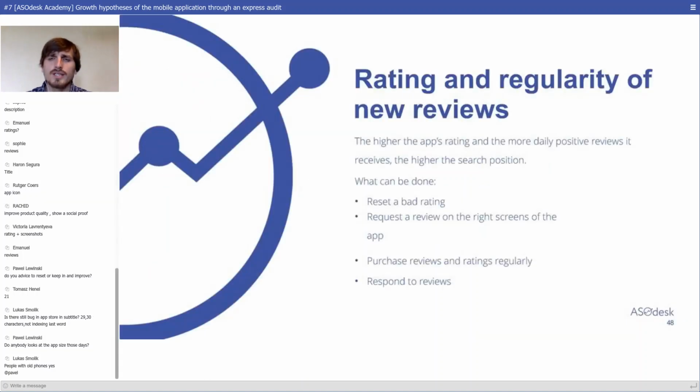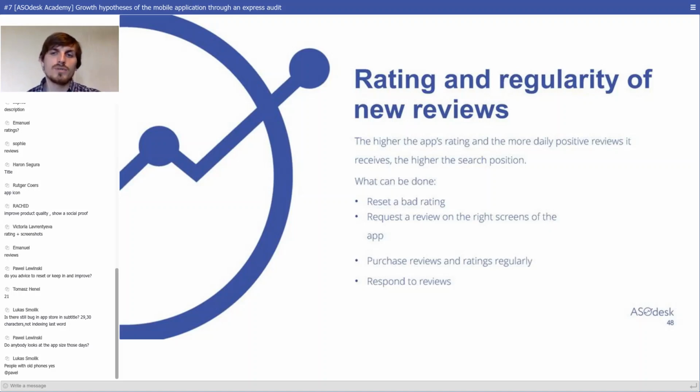Again, rating and regularity of new reviews. We have already talked about that, but look at this from the point of view of App Store optimization itself and how it influences the search engine. So think about this not from the point of how users see it, but how the search engine sees it.